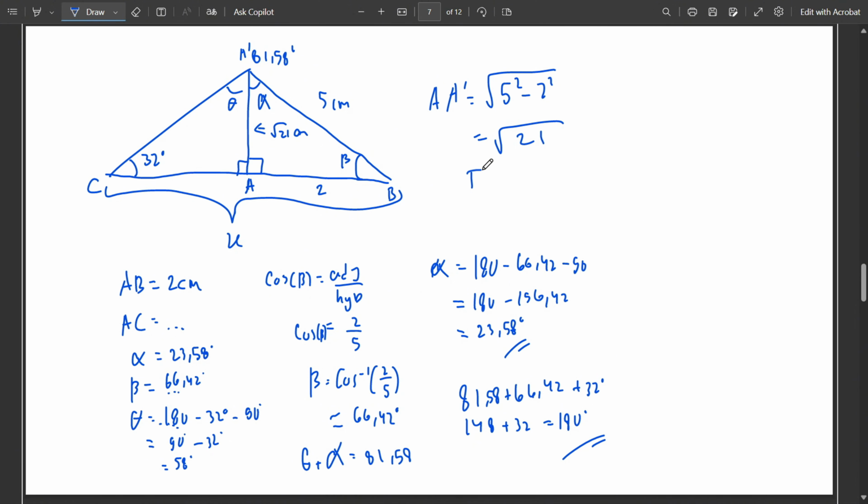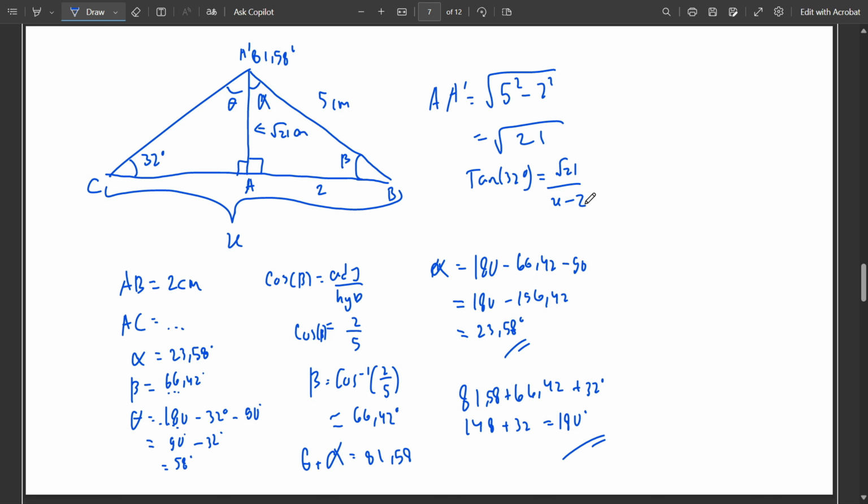So tangent of 32 degrees is equal to opposite, square root of 21, over our adjacent. The total length is x and this length is 2, so this length AC must be x minus 2.